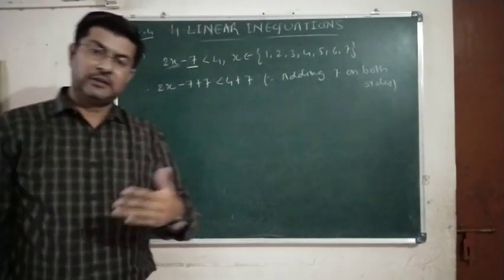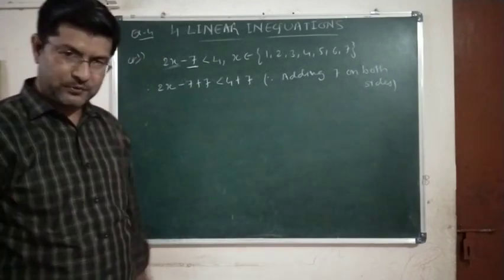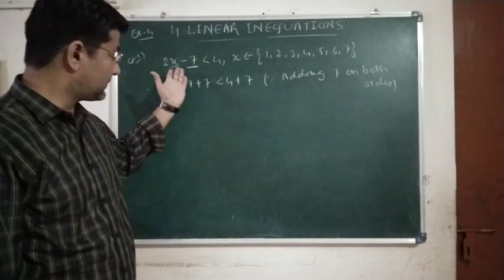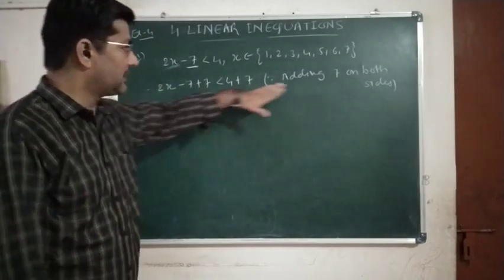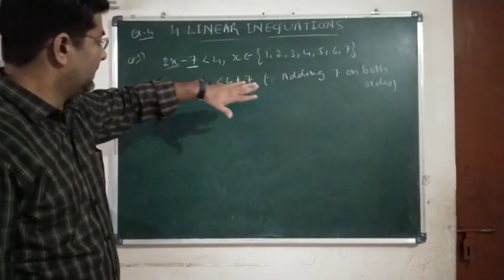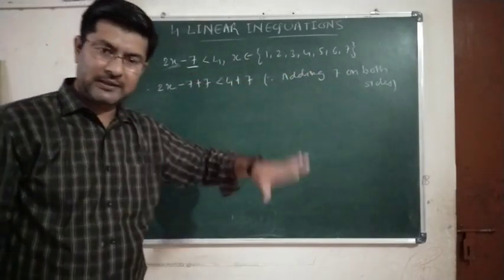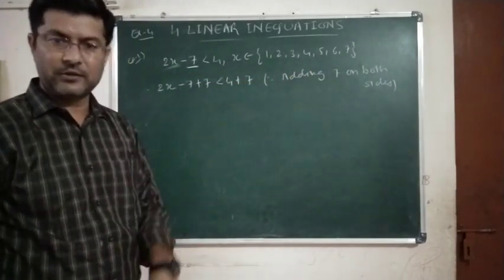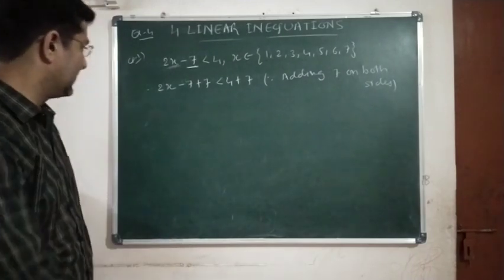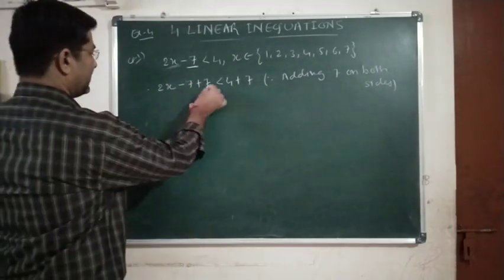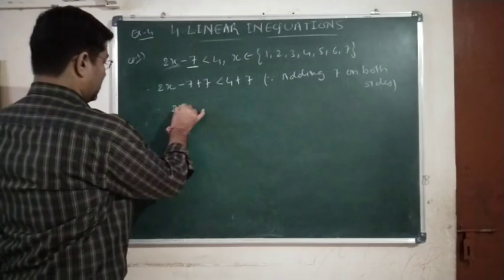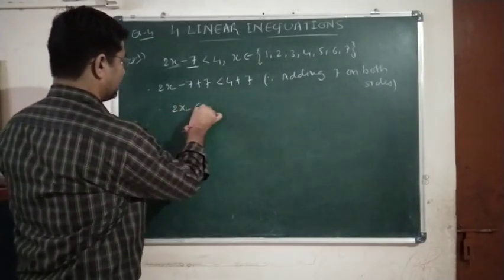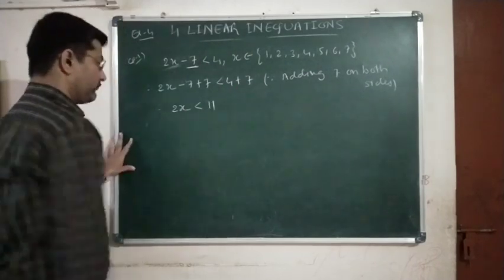Generally while solving the equations we are directly transposing, but here we will avoid such steps. Okay, rather than transposing these numbers, we will write in this way only. Okay, adding or subtracting a particular number on both the sides, multiplying or dividing a particular number on both the sides, like this. Clear? So here now minus 7 plus 7 will be eliminated. So we are left with 2x less than 7 plus 4, 11.